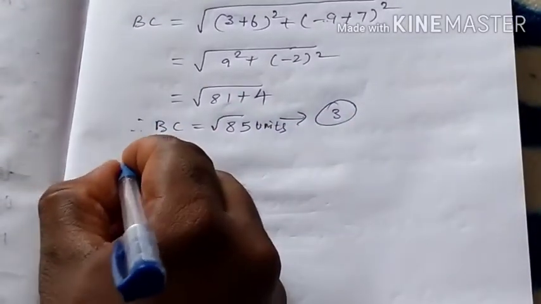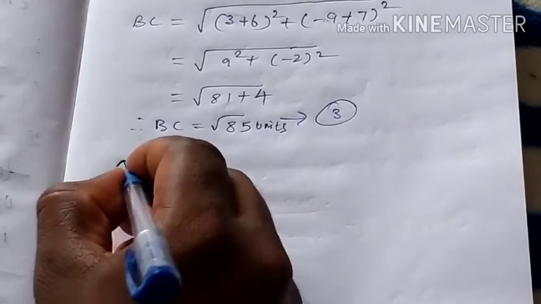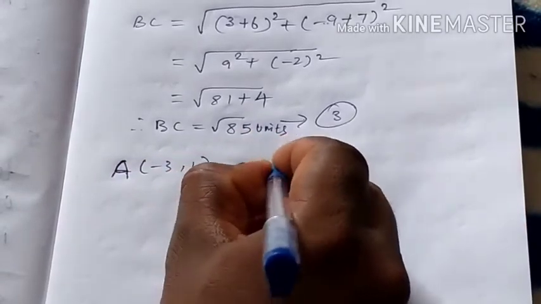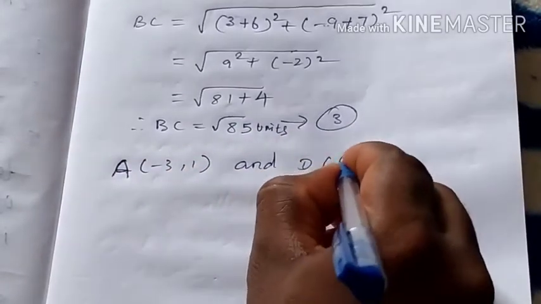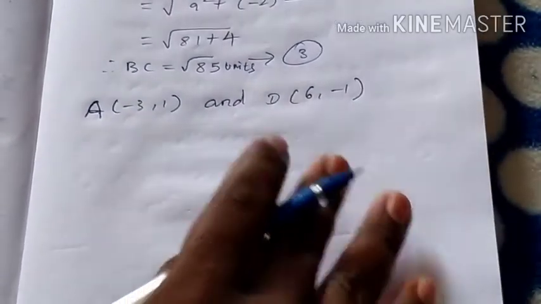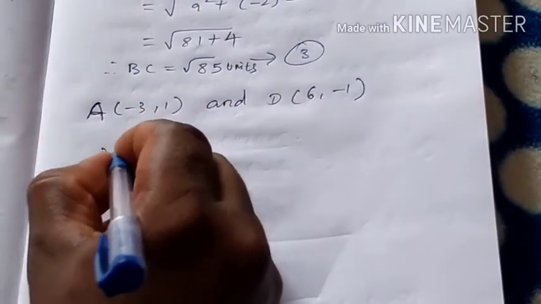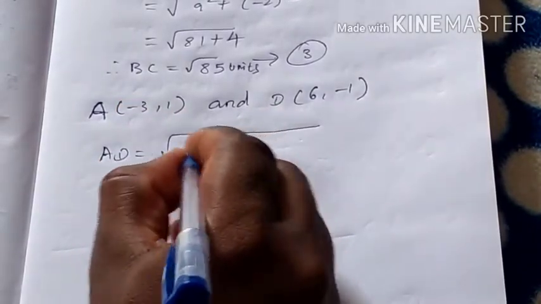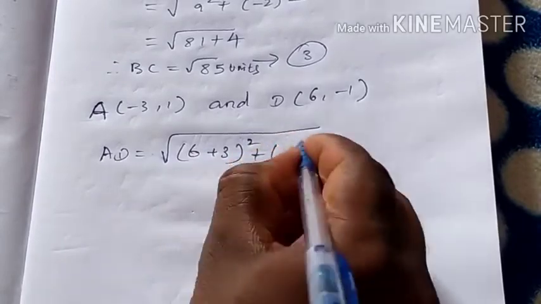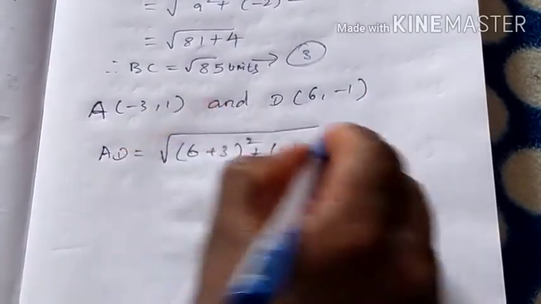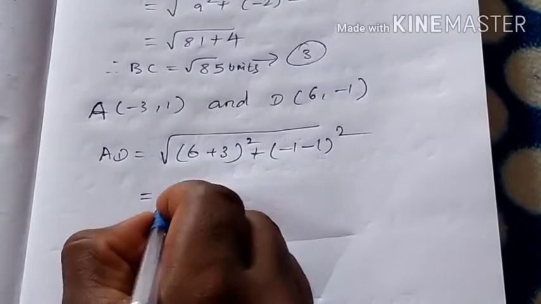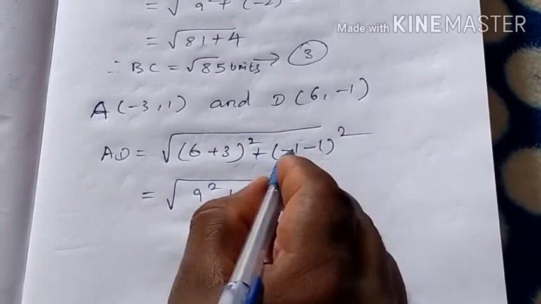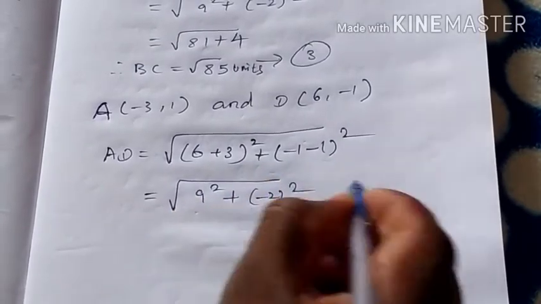Okay, then consider the side of AD. So A is minus 3 comma 1 and the point D is 6 comma minus 1. Okay, find the distance between the 2 points. AD is equal to square root of x2 minus x1, so minus of minus plus 3 whole square plus y2 value is minus 1 minus y1 value is 1 the whole square, which is equal to the square root of 6 plus 3 is 9 whole square plus minus 1 totally minus 2 the whole square.